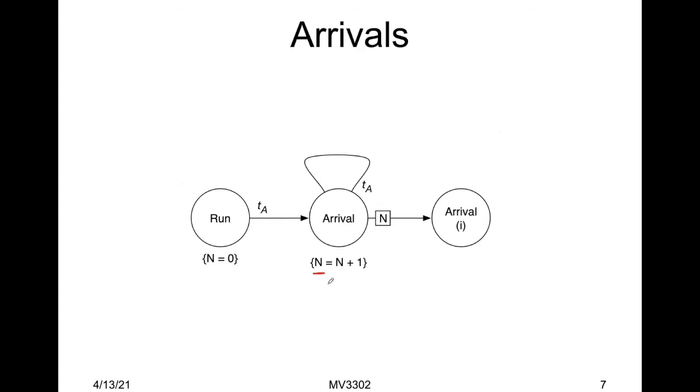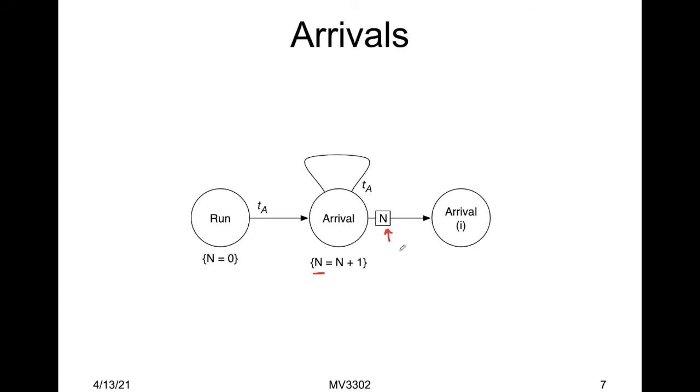That's a unique ID. And so at least conceptually, what I can do is simply take that value and schedule an arrival event passing that number of arrivals. So the first one would be 1, second one would be 2, third one would be 3, et cetera.